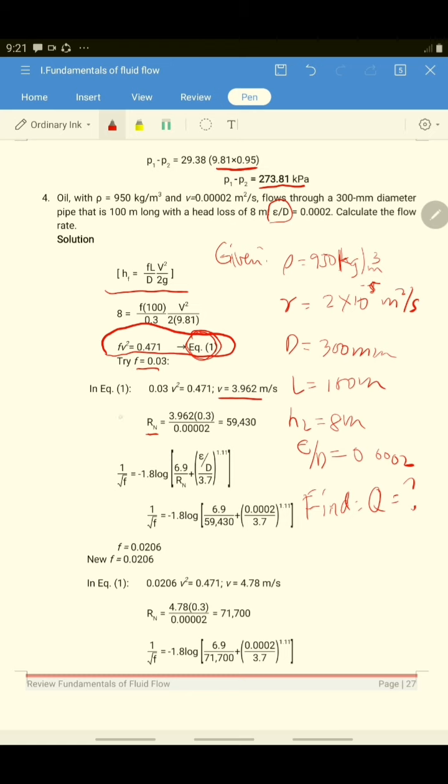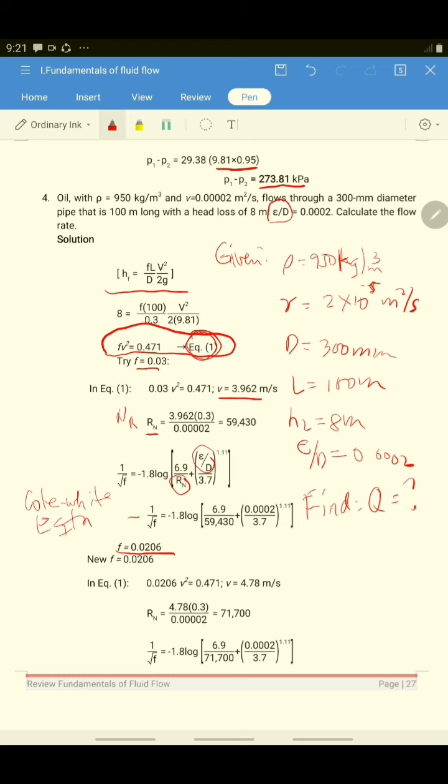Reynolds number can be also written as NR or RN. Those are the symbols. Then, once you have the Reynolds number, since you also have the relative roughness, which is given and already computed, you can find again the value of F using the Colebrook-White equation.